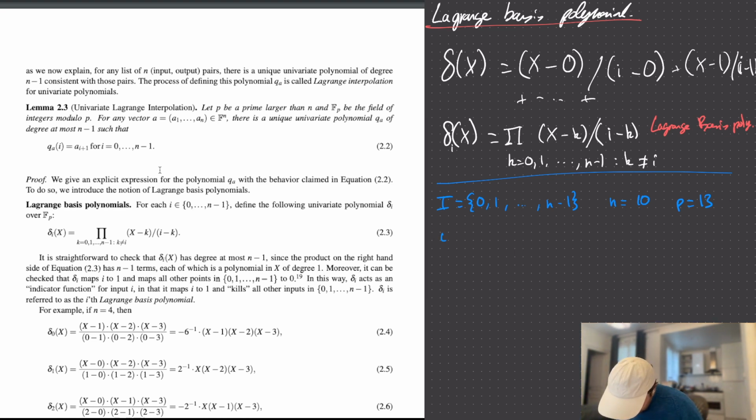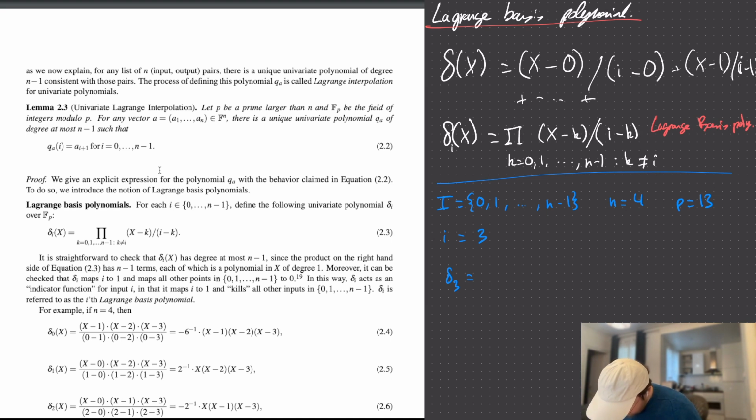So let's take I equal 3, right? And then we do delta of 3 equals... oh, I'm going to have to do 10. Okay, let's do 4.